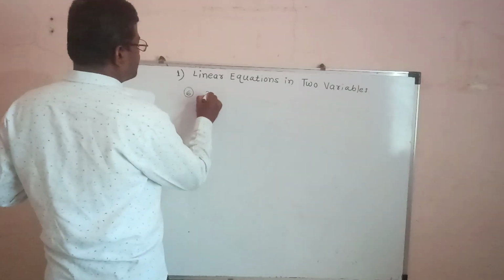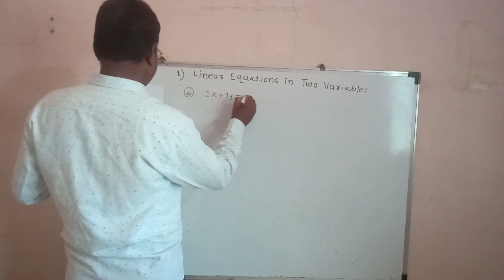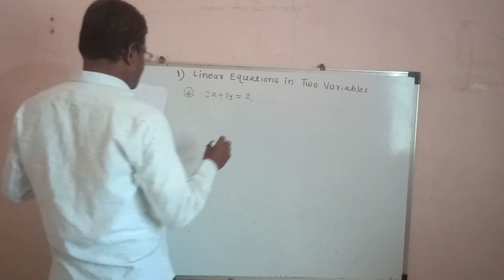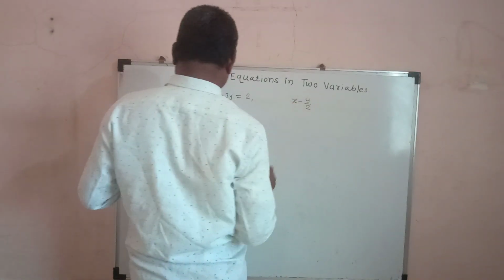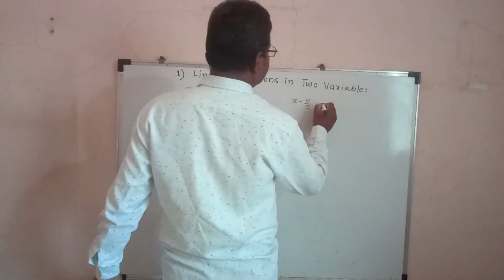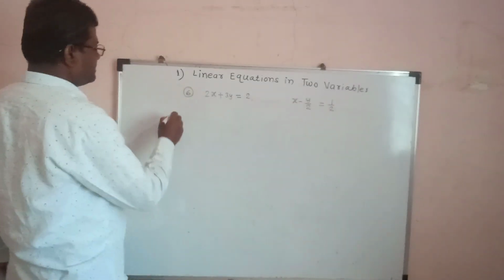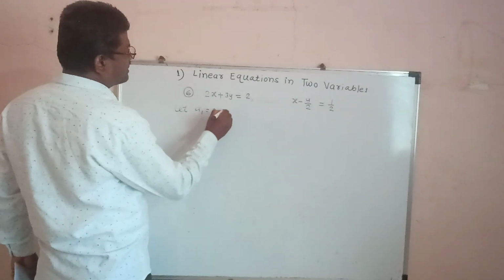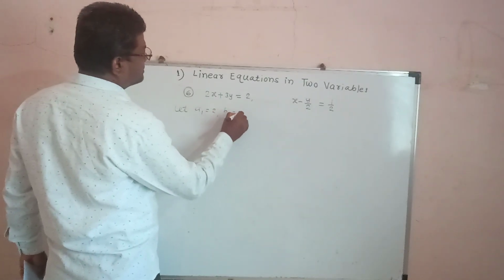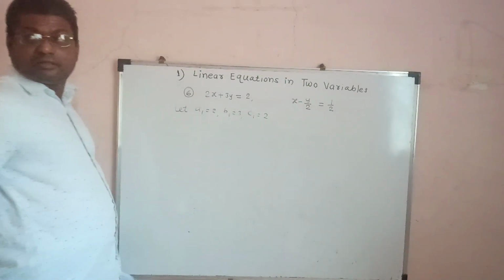Example number 6 is 2x plus 3y is equal to 2, and x minus y upon 2 is equal to 1 upon 2. Here we write a1 is equal to 2, b1 is equal to 3, and c1 is equal to 2.